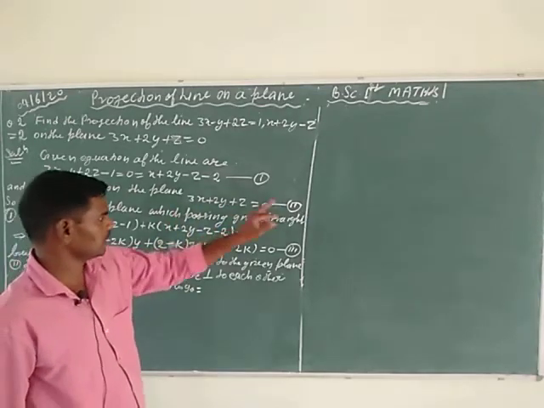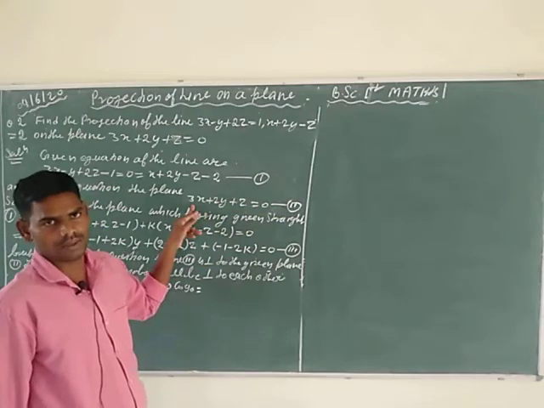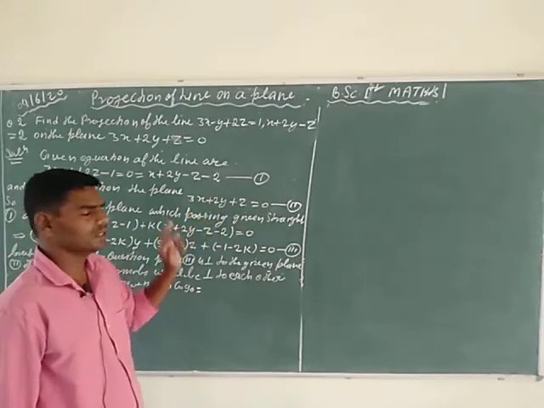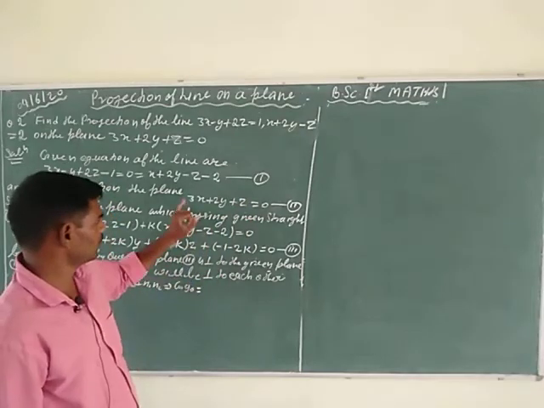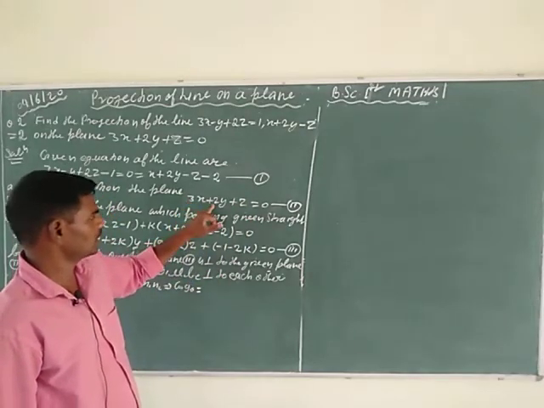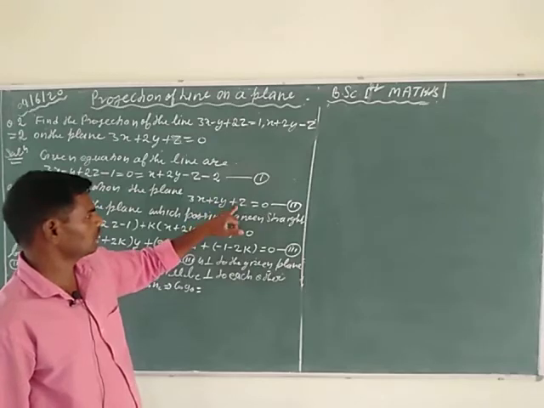Once again, in equation second, the coefficient of x is a1, of y is b1, of z is c1. So a1 is 3, b1 is 2 and c1 is 1.